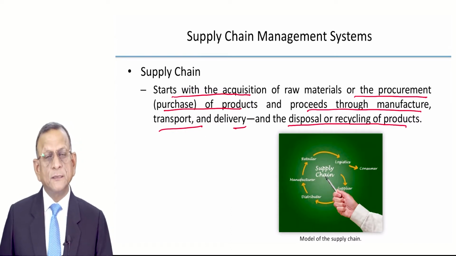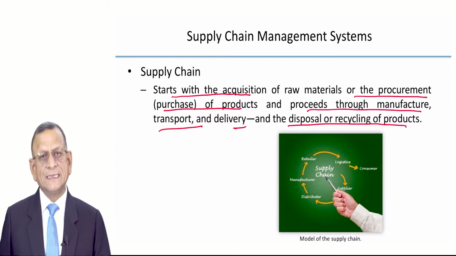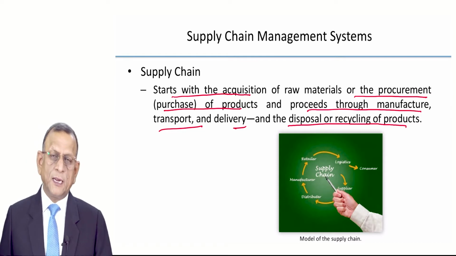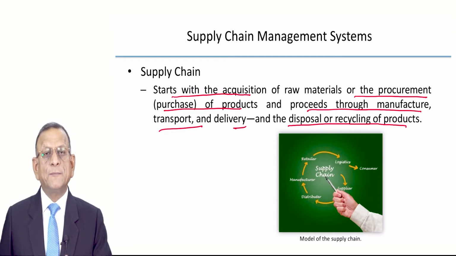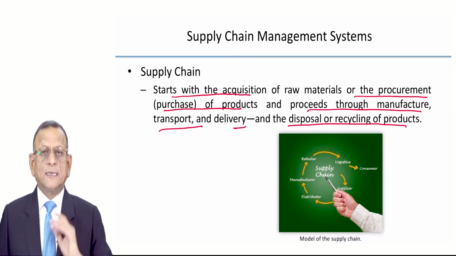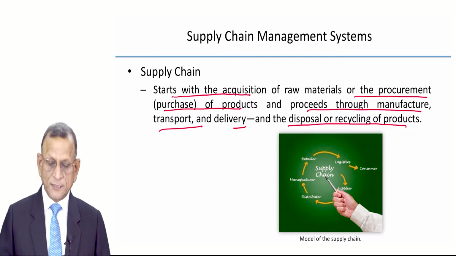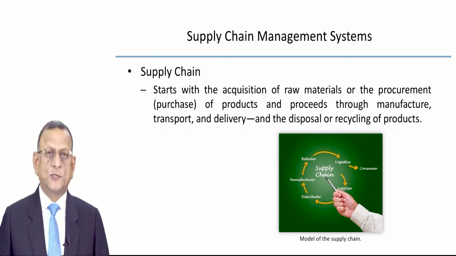I'll be working on it, processing it, packaging it, and then later I'll be again shipping it to the place from where I'll be offering this to my customers. This entire thing is supply chain management.